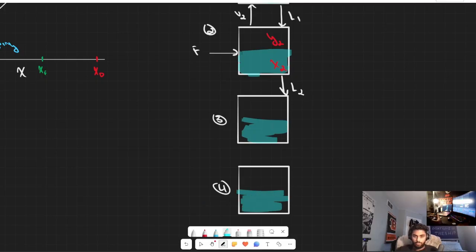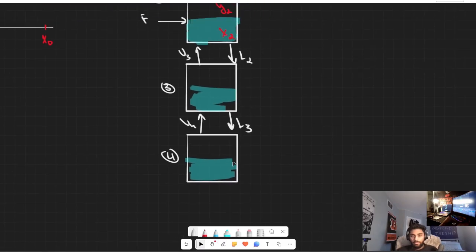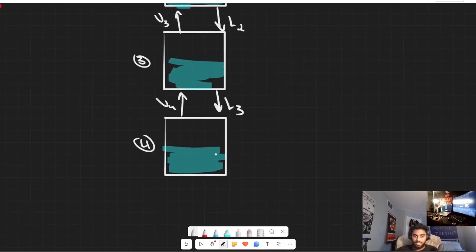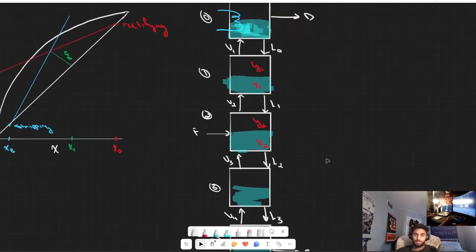I'm just going to do this really crudely so that I'm not wasting time making it look really pretty. So we have vapor flow 3 from stage 3, liquid flow from stage 3, vapor from stage 4. And what I'll have here now is our exiting stream at the bottom. So this I'll name B for our bottoms.